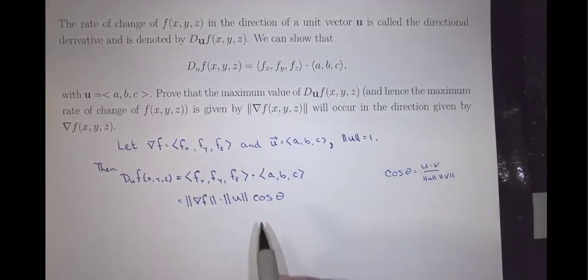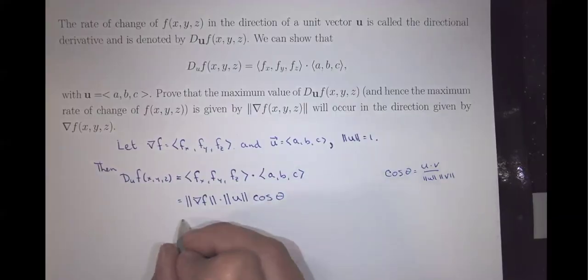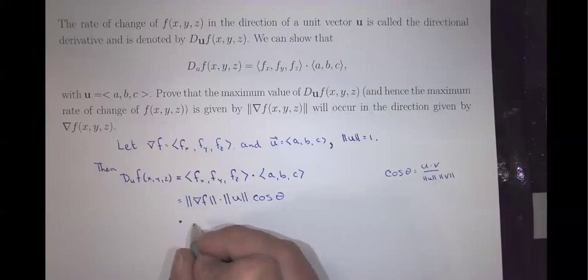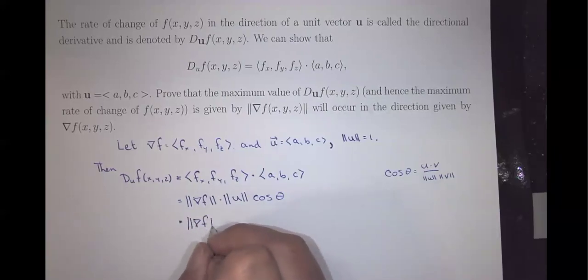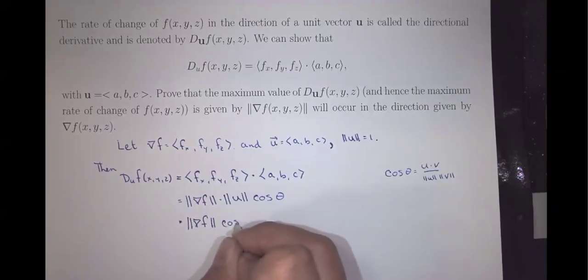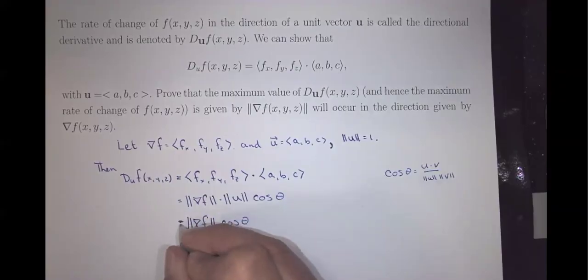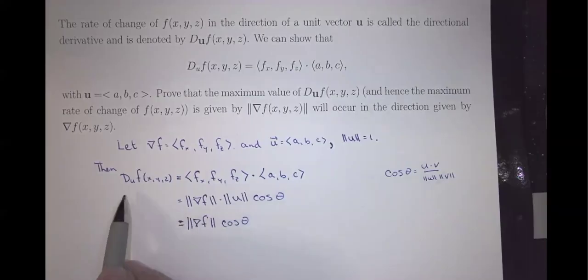We also know that the length of u is equal to 1. So at all times, this directional derivative is the length of the gradient times cosine theta.